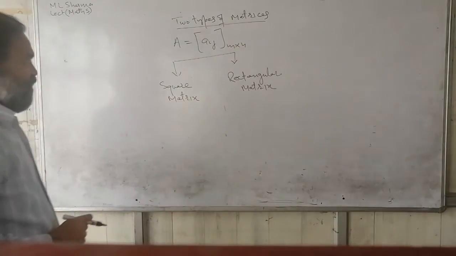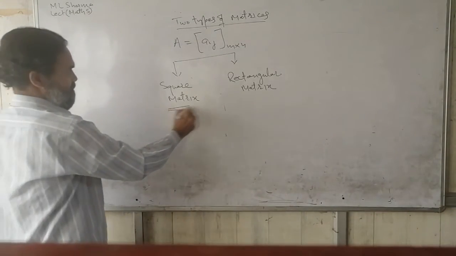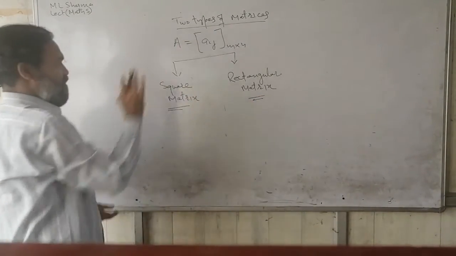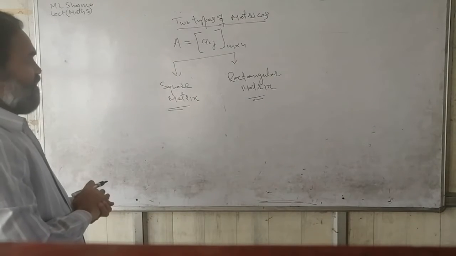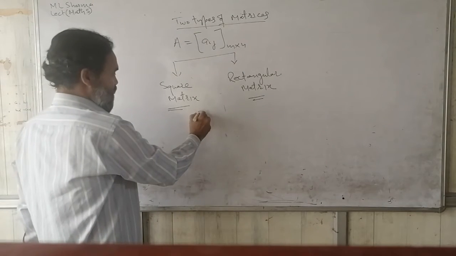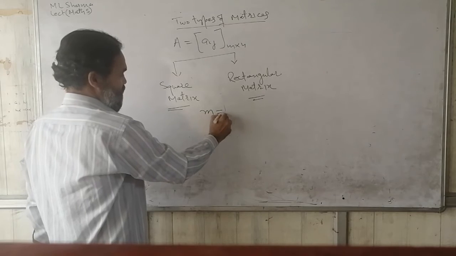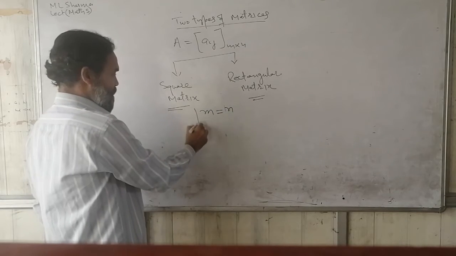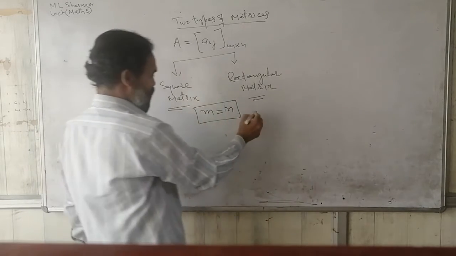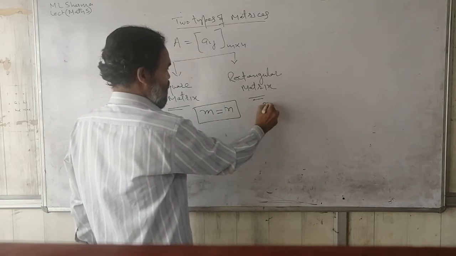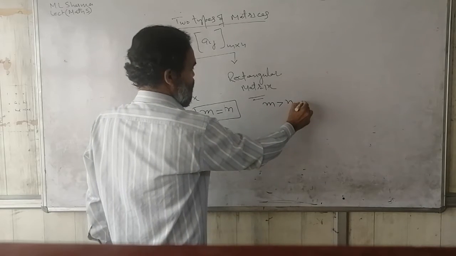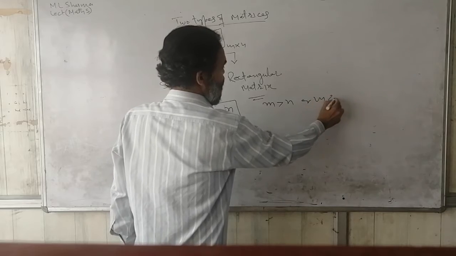This depends upon whether this will be a square matrix or a rectangular matrix on this. So there can be two conditions, either this condition or this.